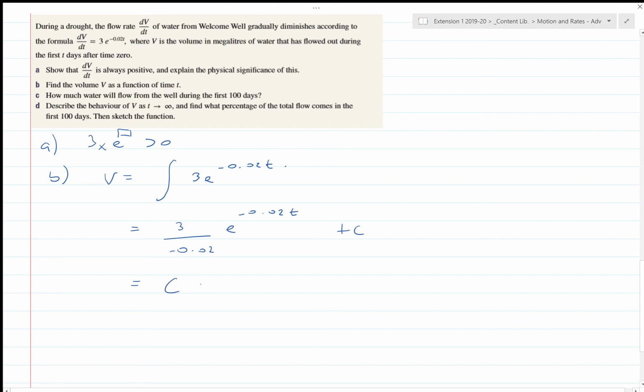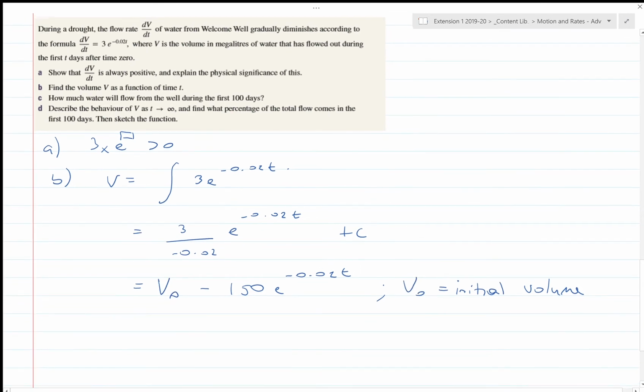C minus 150 e to the 0.02 t. C is initial volume. Or I could call it V subscript 0, might be a nice thing to do.